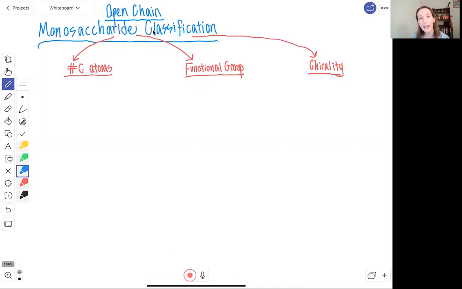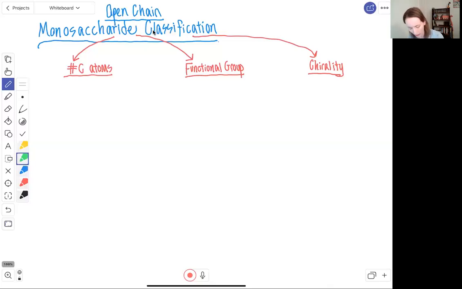They can appear as the open chain form, the linear acyclic form, in other words, or alternatively, those structures can cyclize, they can form rings. And so what we're focusing on here when we look at classification of monosaccharides is we're basing this discussion on the open chain, the linear form of the monosaccharide, that building block unit.